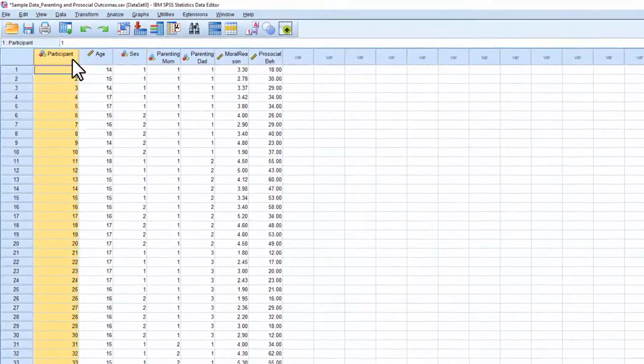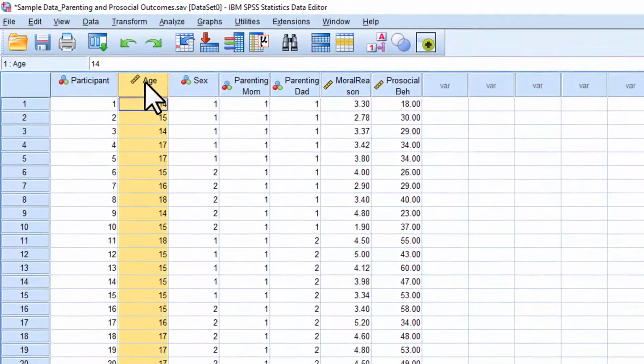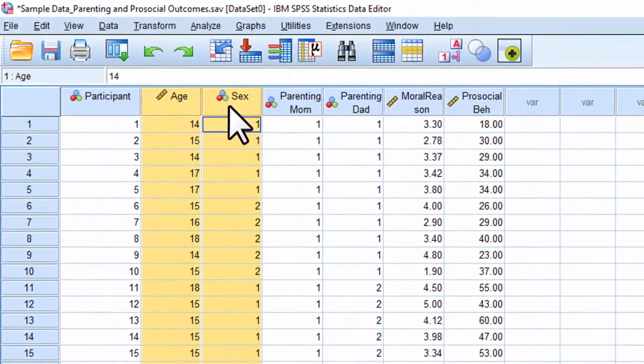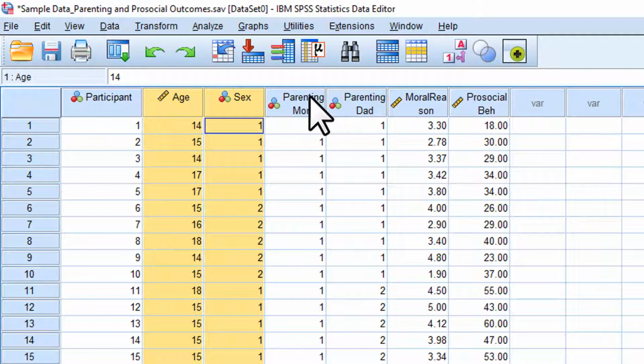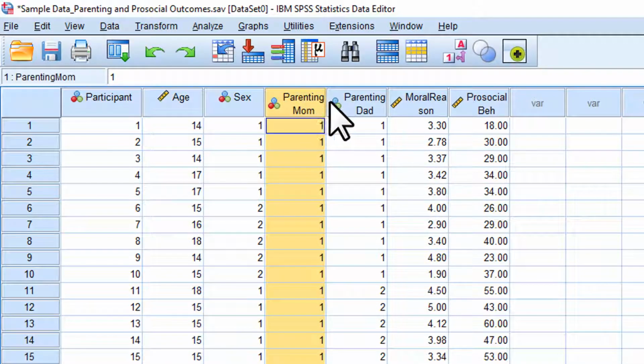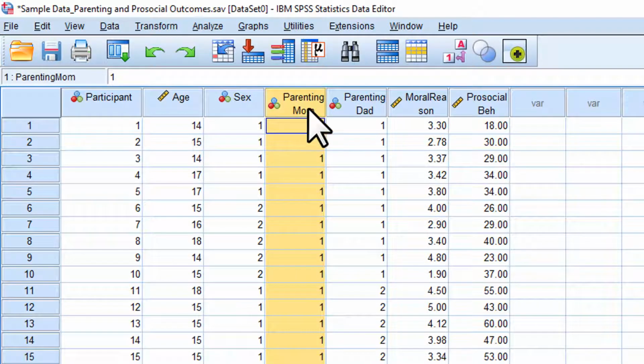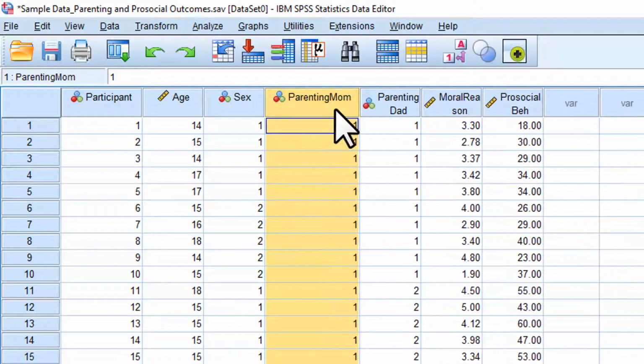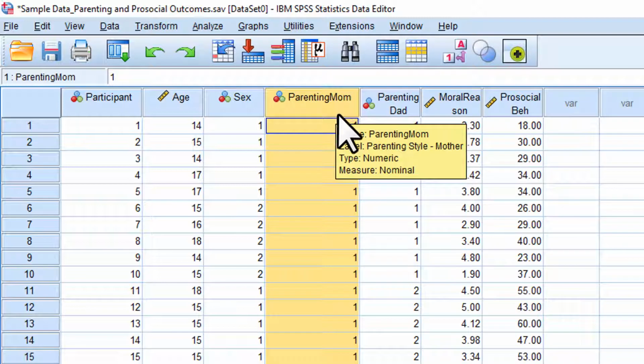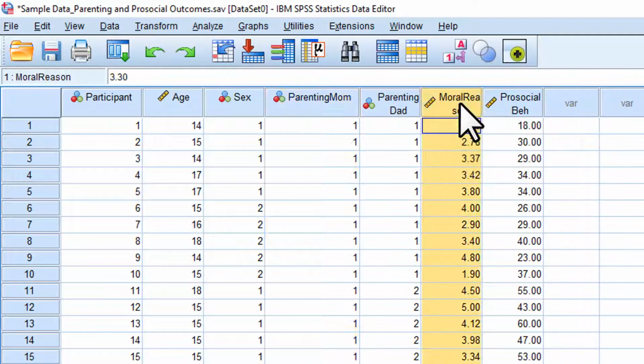So you have here the participant number, some demographic information, the independent variable. Actually, for this data set, I have 2, but for the purpose of this discussion, we will only be focusing on parenting style of the mother. And then we have our 2 dependent variables, moral reasoning and prosocial behavior.